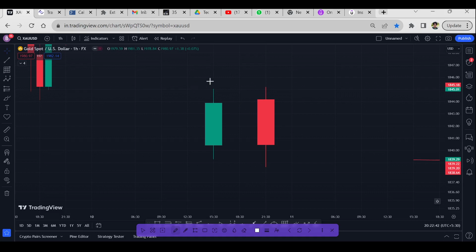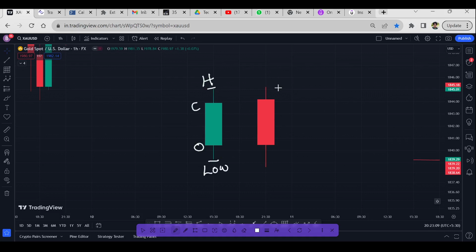Okay, so let me start to talk about this candle. For example, this is a green candle, this is a bullish candle. Where this candle has opened, a bullish candle opens at the bottom of the body, closing will be here, and the highest point it has reached is this one, and this is the lowest point it has set.